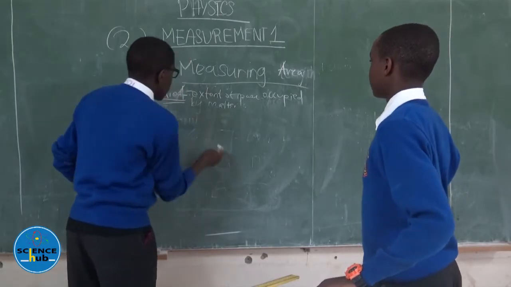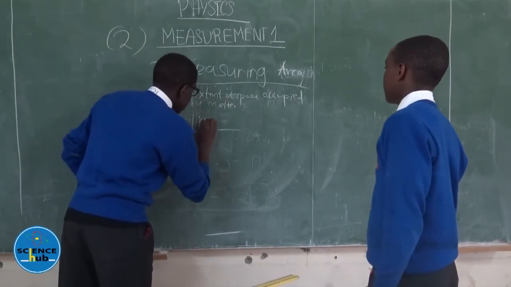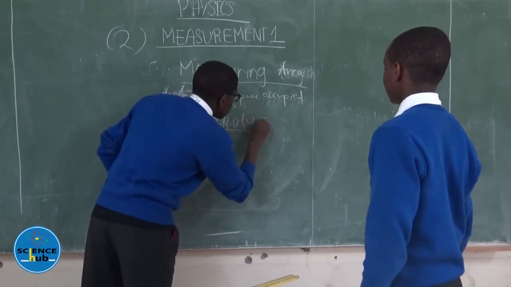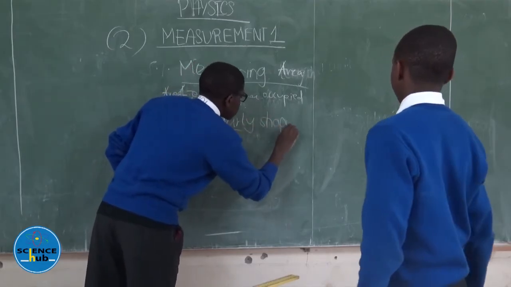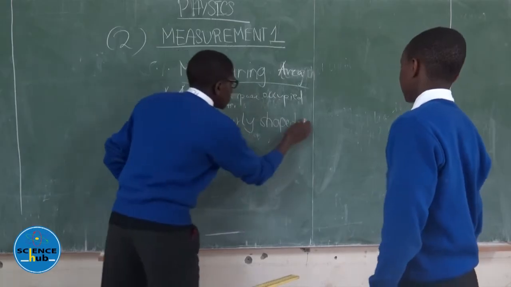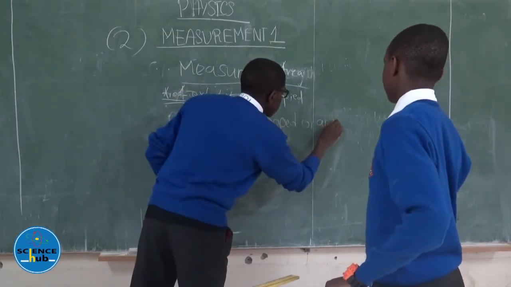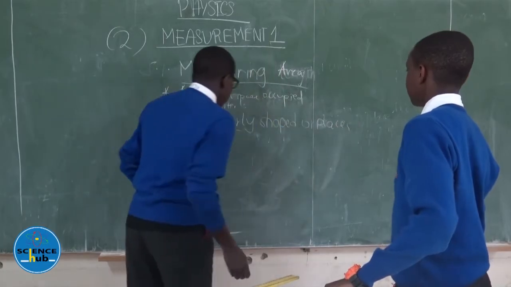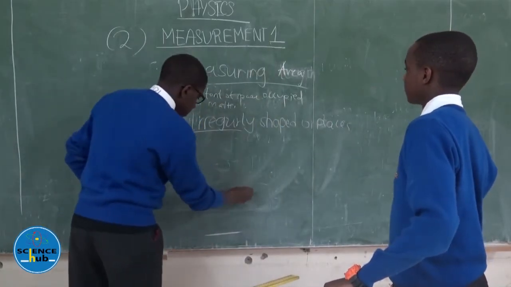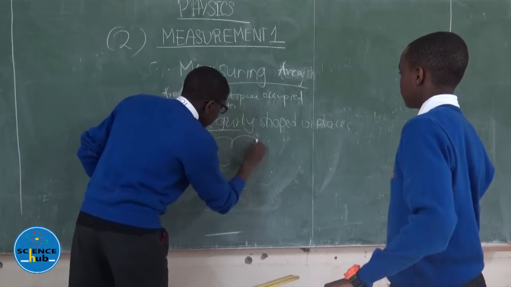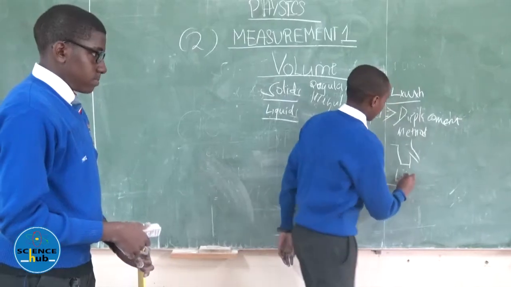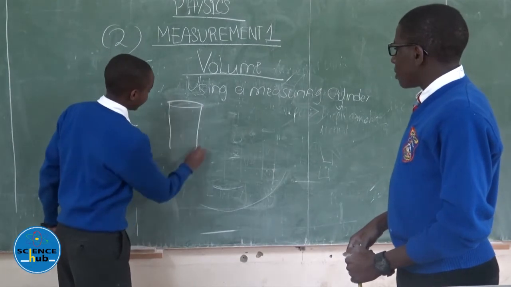Now we are going to do the area of irregularly shaped objects. Now, in order to measure, you may have a figure such as this one. Measuring cylinder.